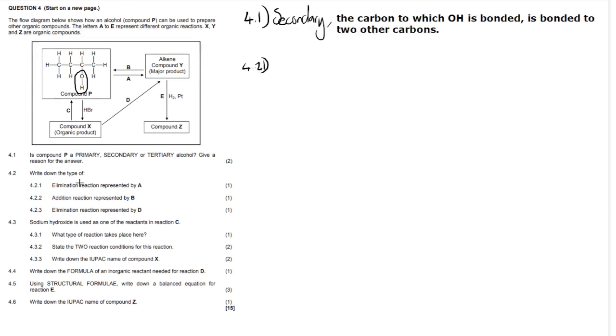4.2.1. Write down the type of elimination reaction that is represented by A. Okay, so we're going from something that is an alcohol to an alkene. Okay, so it's not substitution because it is going to an alkene. Going from an alcohol, it is an elimination. That's right, it is elimination, and so this will be dehydration.